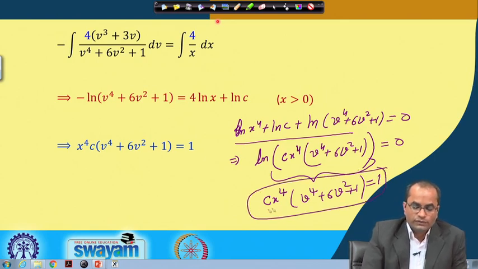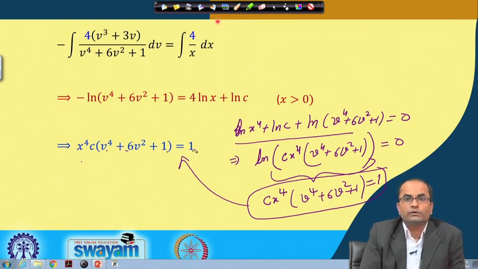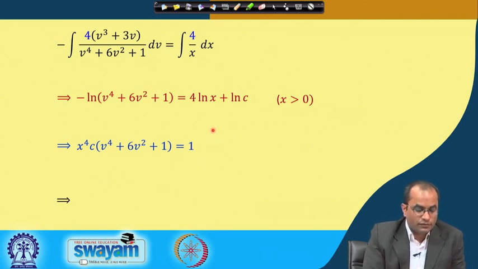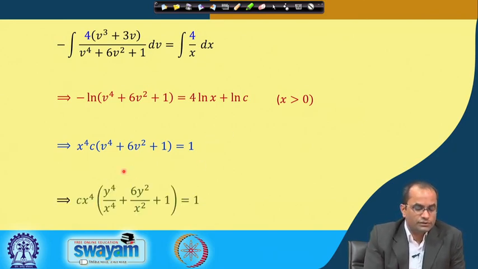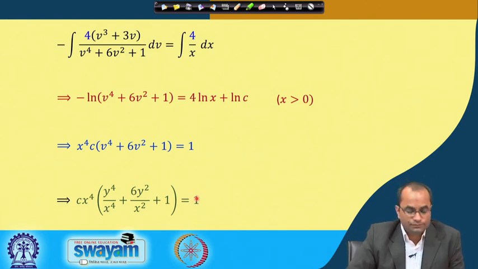So, we got exactly this: c x^4 times (v^4 plus 6v^2 plus 1) is equal to 1. Now we need to substitute back this v which was y over x. So, here we have c x^4 and this v is y over x, so y^4 over x^4, here also 6 y^2 over x^2 plus 1, and is equal to 1.